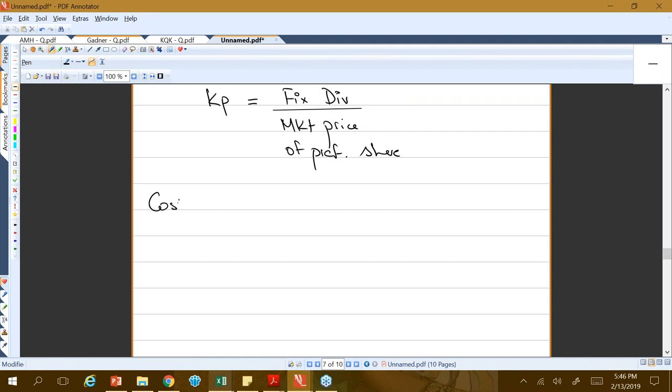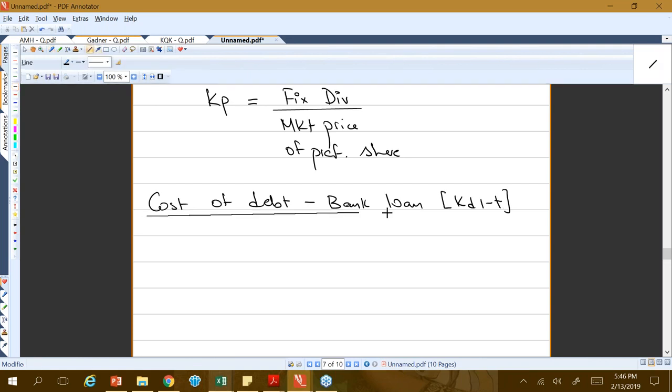Then cost of debt, and we are talking about the bank loan. And we have to find the KD(1-T). This is also extremely simple because it is the KD(1-T) of the bank loan. So 1 minus T, where T is the tax.